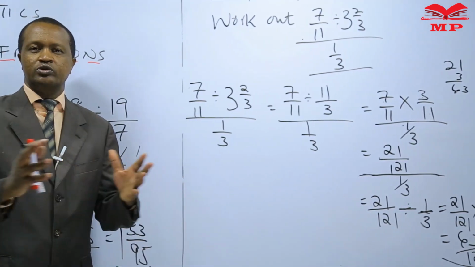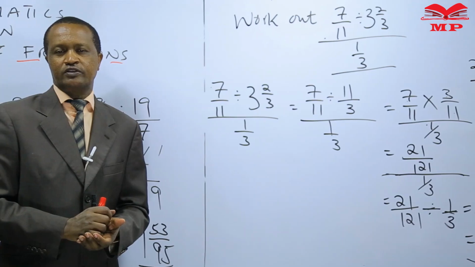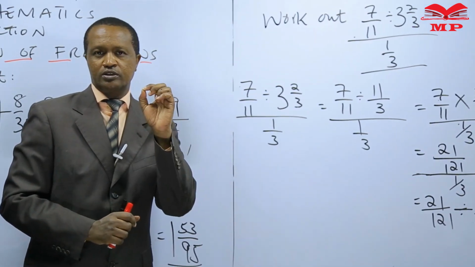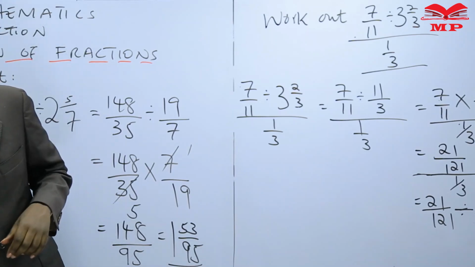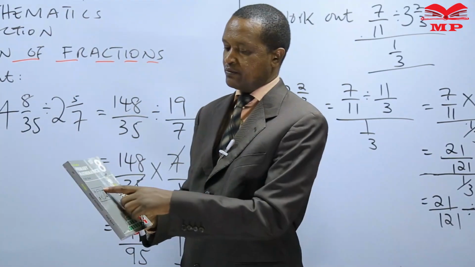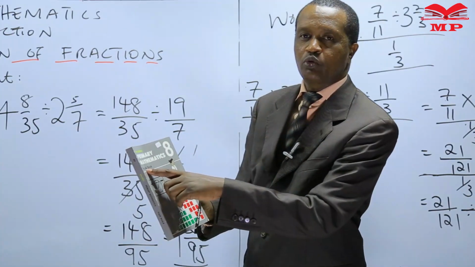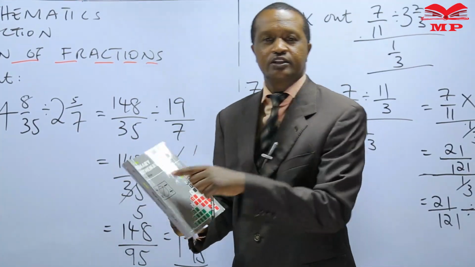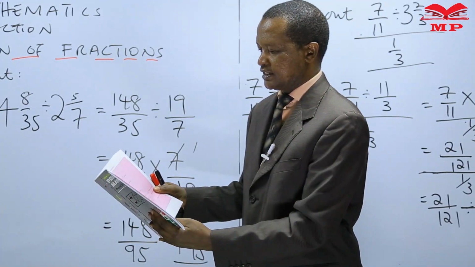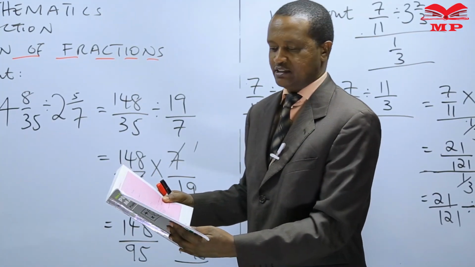So with that, we've learned how to divide fractions, the operation of division of fractions. So I'll give you an assignment, and this time is again from the pupil's book. We are on exercise 16.